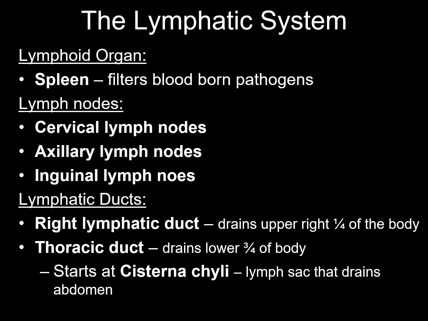Essentially it picks it all up in the tissues, and it's going to go through a series of lymph capillaries, lymph ducts, things like that, and along the way it's going to hit a bunch of lymph nodes. Lymph nodes filter the lymph to try to filter out the pathogens. It may have picked up something along the way and you want to filter it out.